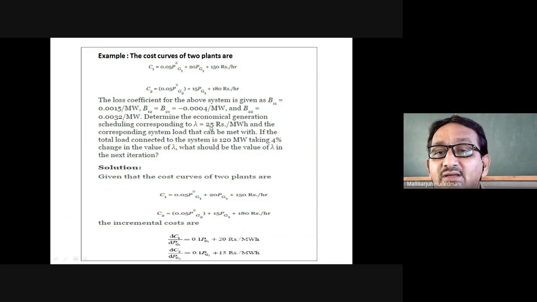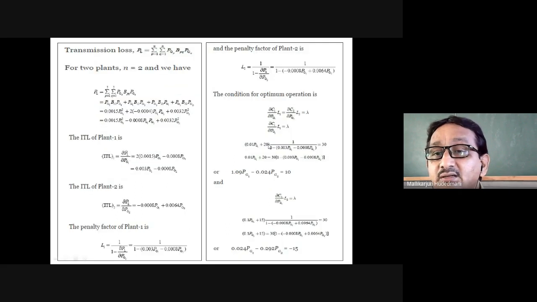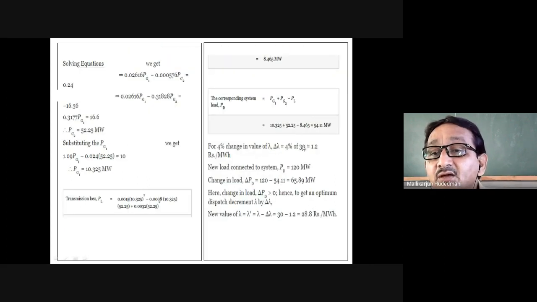This is not 25, this is 30. This is struck out. Please note this where I am circling here. Lambda is 30 in the solution. You can see here, dC1 by dP1 into L1 is 30. 30 is mentioned here, and here also 30 is mentioned. It was printed wrong there. Okay. So 4% of 30 means 1.2.